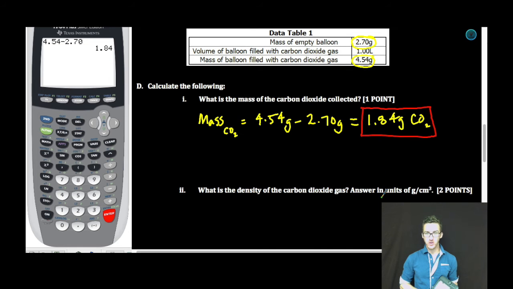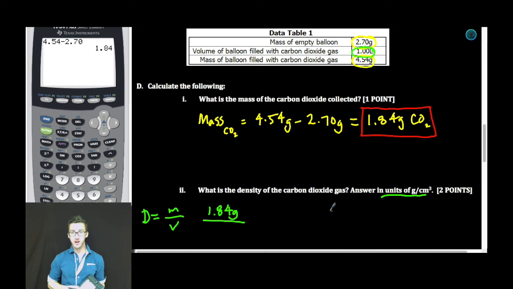So units are also super important on the free response, especially so when they call them out to you in the question like that. Density is equal to mass over volume. We just determined the mass of our carbon dioxide to be 1.84 grams. As I scan my data table, I notice that I'm given a volume of the carbon dioxide gas, but notice that we're given the volume in liters. So I'm going to convert my 1.00 liters first to milliliters. 1,000 milliliters is 1 liter.